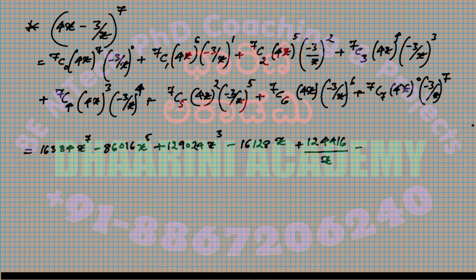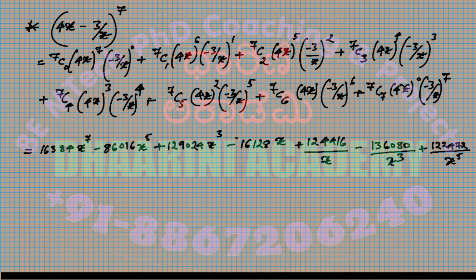Correct. Then minus 136,080 divided by x cube, plus 122,472, no, minus 5, so divide by x to the 5.